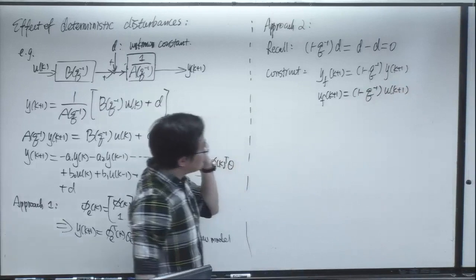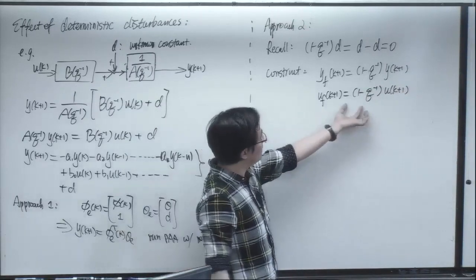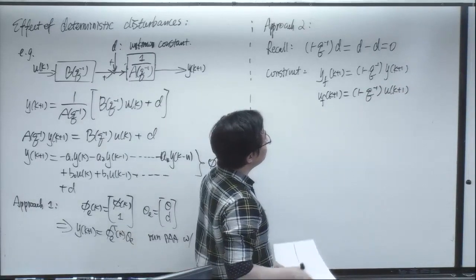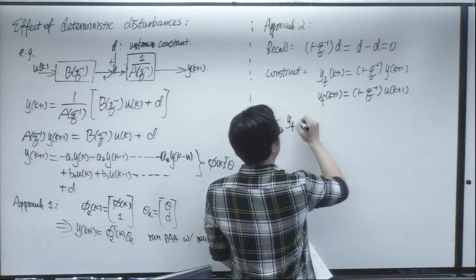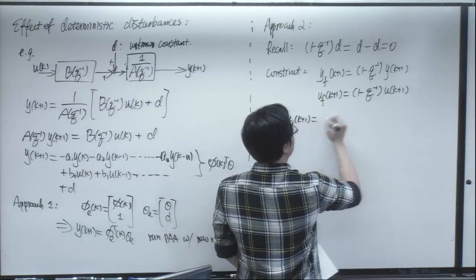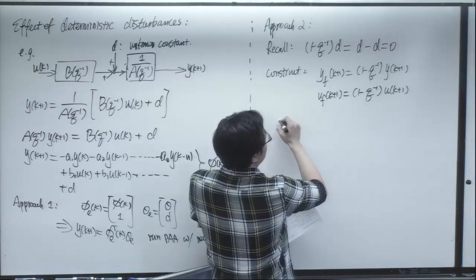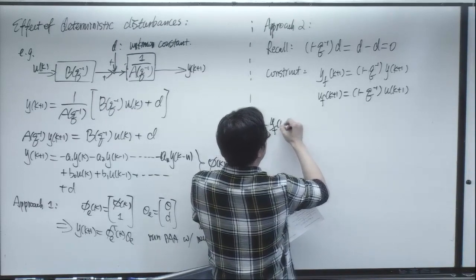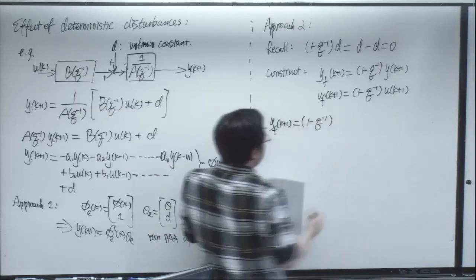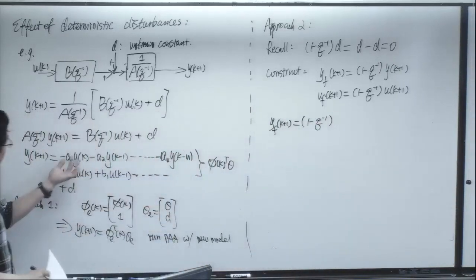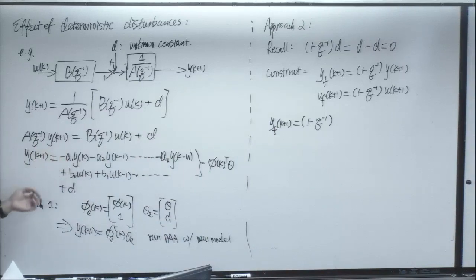Filter both the input and output by the same filter. The relationship between these doesn't change. Then we will have YF k plus 1 equal to, I'm going to bring this equation to the computation here.